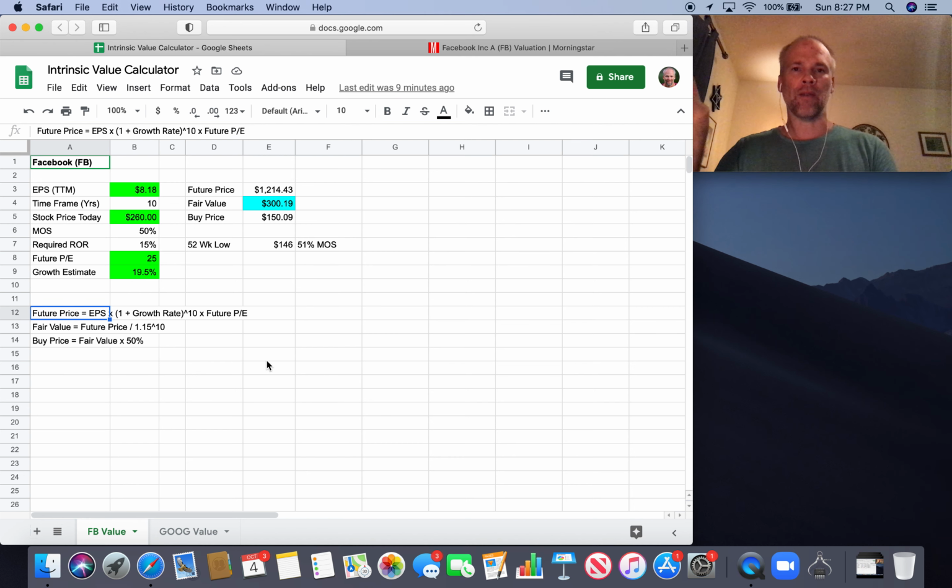To calculate the future price, the price in 10 years of a share of this stock, we've got the earnings per share. We have to multiply that by 1 plus the growth rate. The growth rate is going to be a percentage. In this case, it's almost 20%. So we're going to have 1.195 to the number of years that we're looking out.